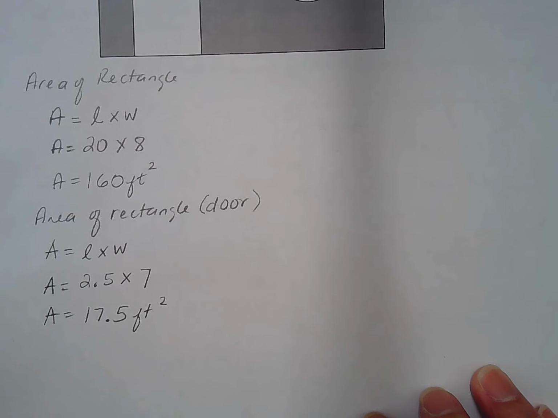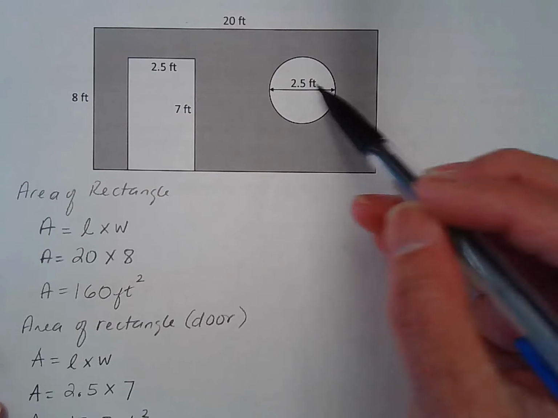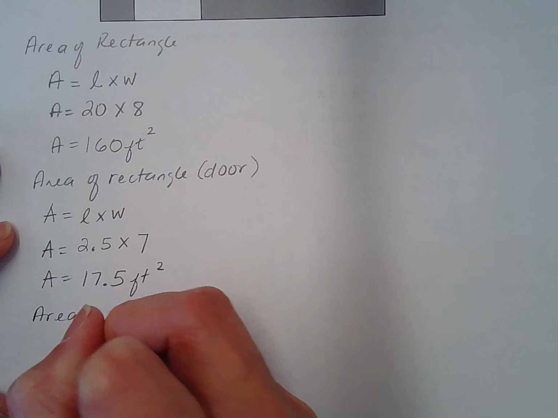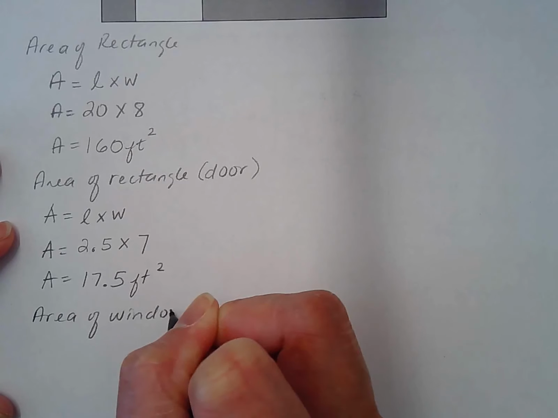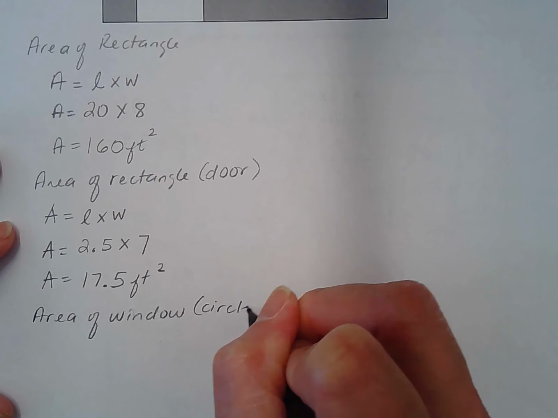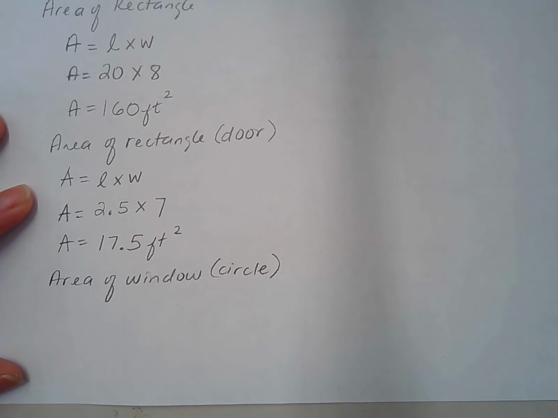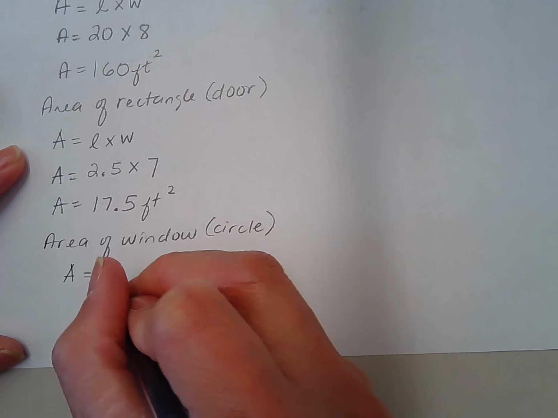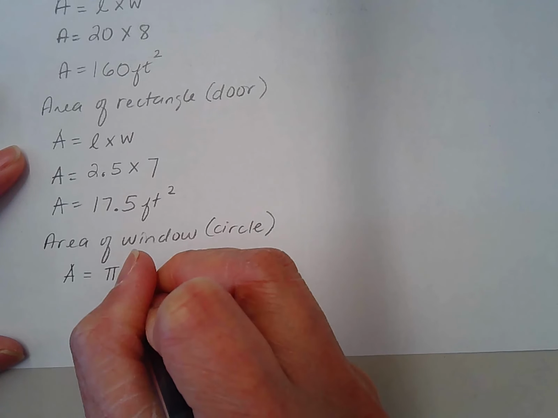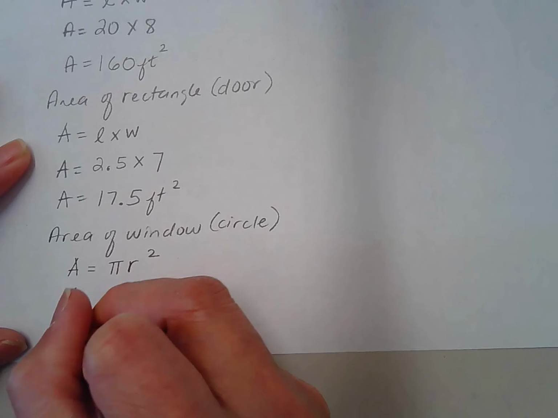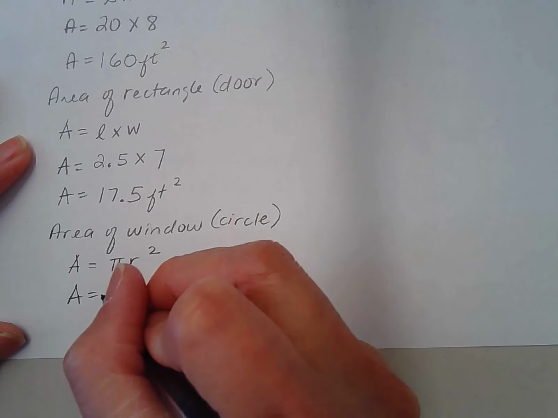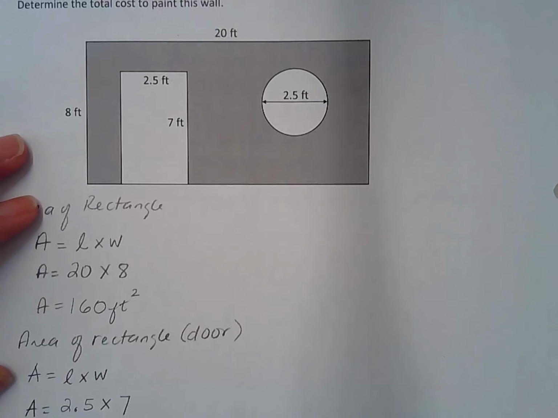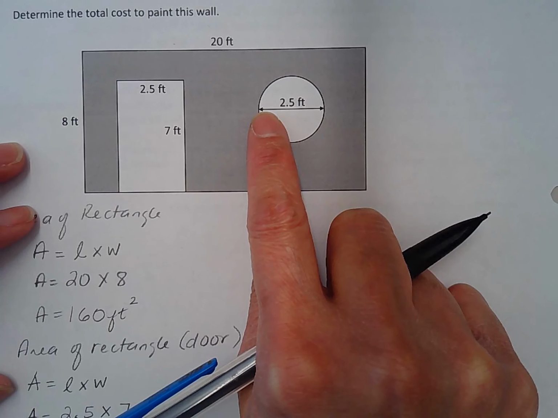And we have to figure out the area of the window. That's the window, and that's a circle. What's the formula that we're going to use for the area of a circle? A equals pi r squared. So it's going to be pi times, what's the r here?